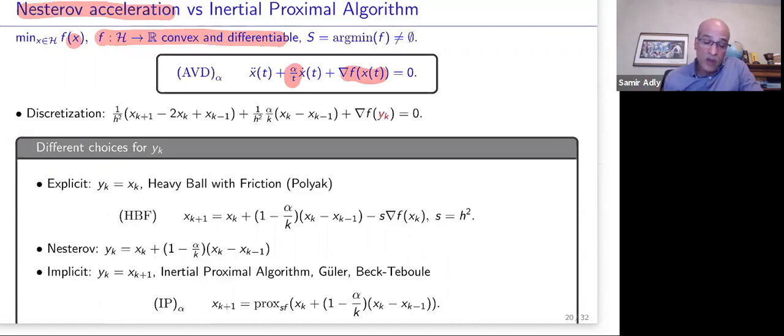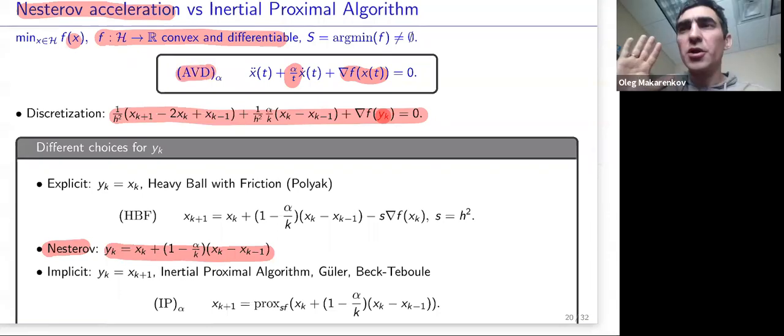We go to this temporal discretization, we get this equation, and we have here some y_k. There are many ways to choose this y_k, and the way chosen by Nesterov is given by this formula, linked, of course, to this alpha. Alpha is the coefficient of asymptotic vanishing damping.